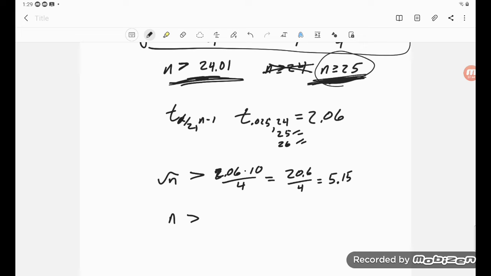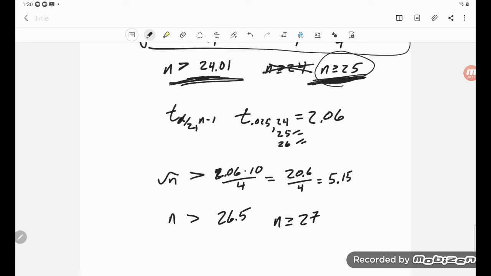Let's see, 5.15. If I can reach the keys here to do a squared. Yeah, that's 26.5. So n is greater than 26.5, and that would mean n greater than or equal to 27.